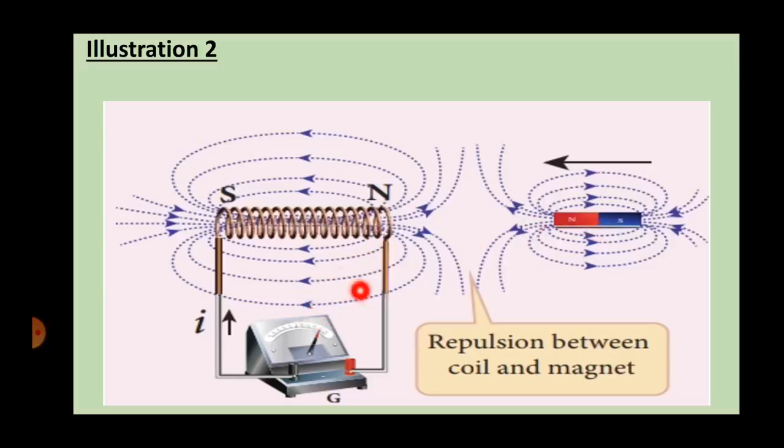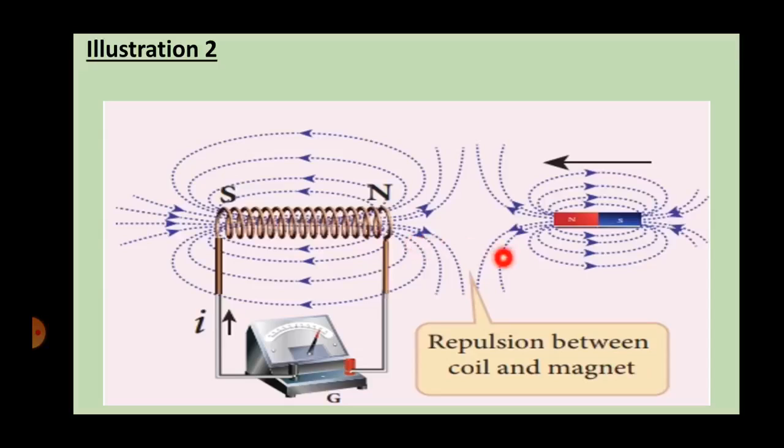When the motion increases, the magnetic flux of the coil changes, or increases, which in turn induces an electric current. When the flux changes, an induced current is produced.